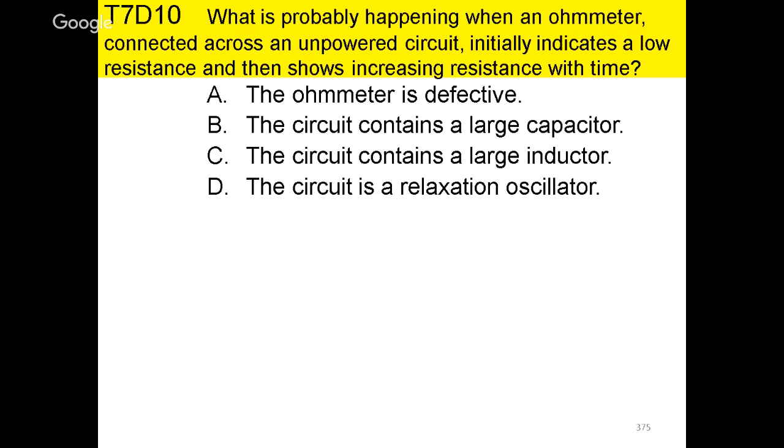So, what is probably happening when an ohm meter connected across an unpowered circuit initially indicates a low resistance and then shows increasing resistance with time? Now, this is kind of an interesting one, because what's happening is that your circuit could have a capacitor.